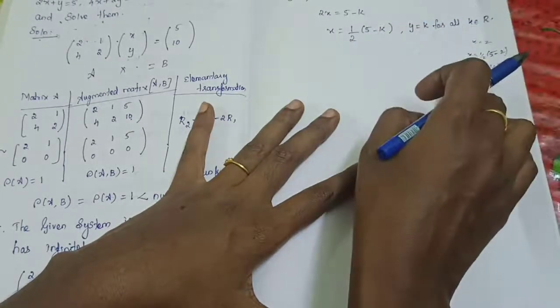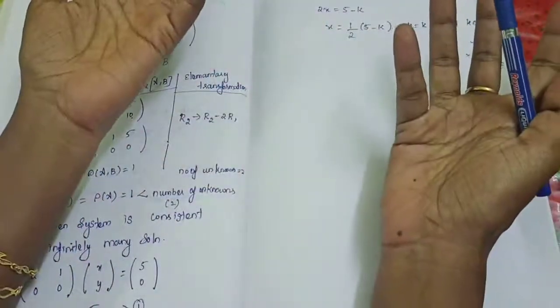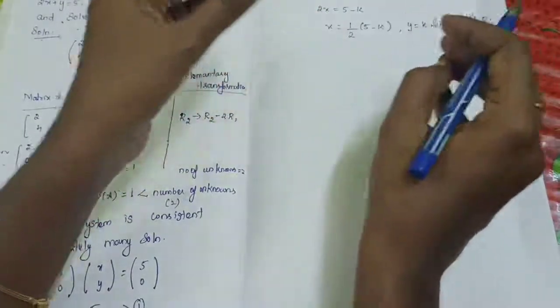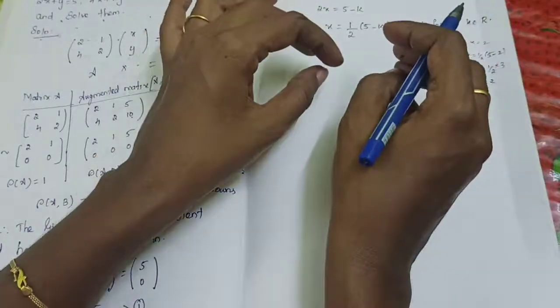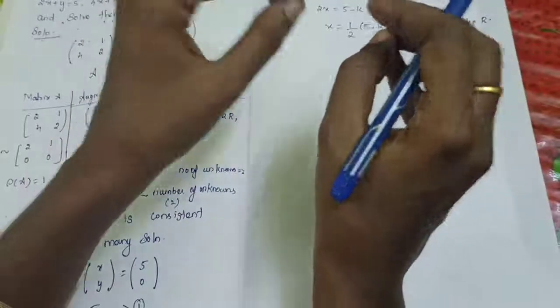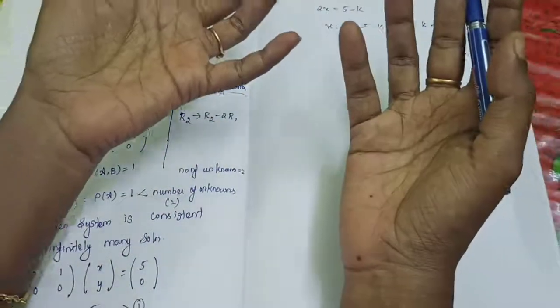But we can't say this is the only solution. When I put k is equal to 3, we will get another solution. So when we substitute different values for k, we will get different solutions.